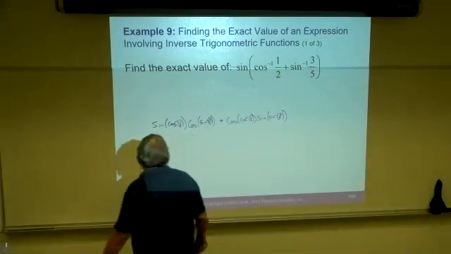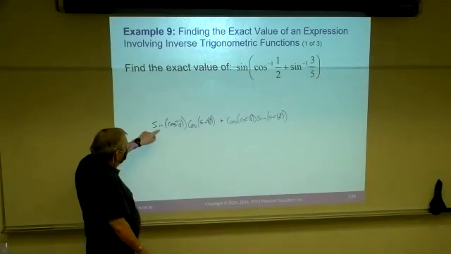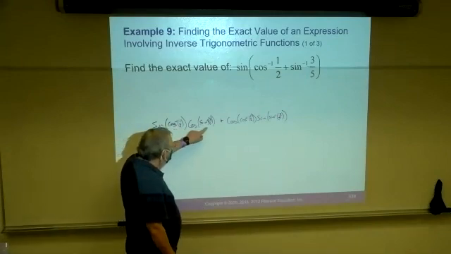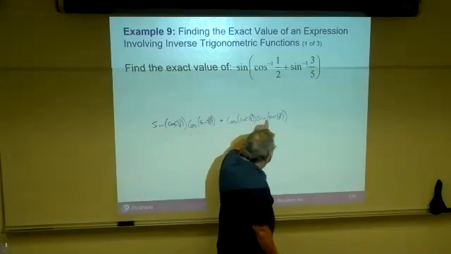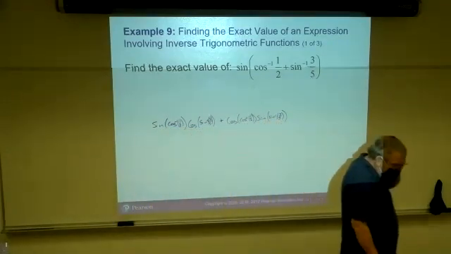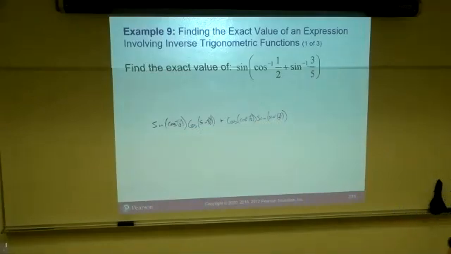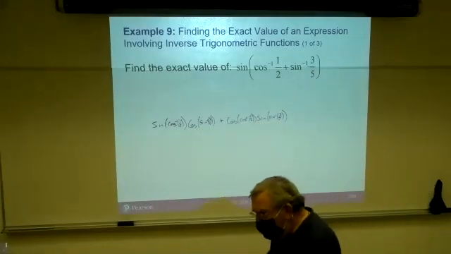Because sine of alpha plus beta is sine of alpha times cosine of beta plus cosine of alpha times sine of beta. Right? Inverse trig functions give us an angle.